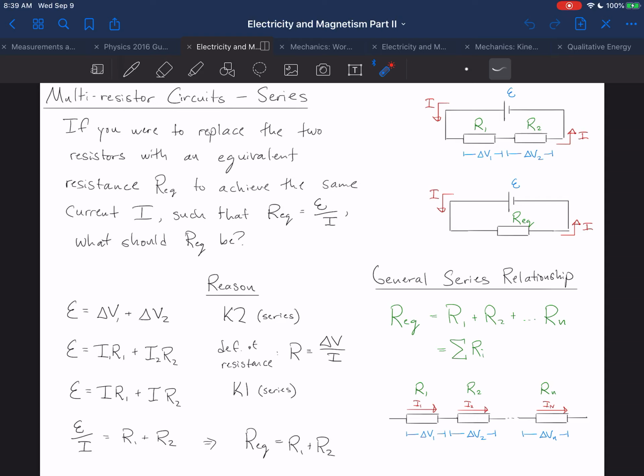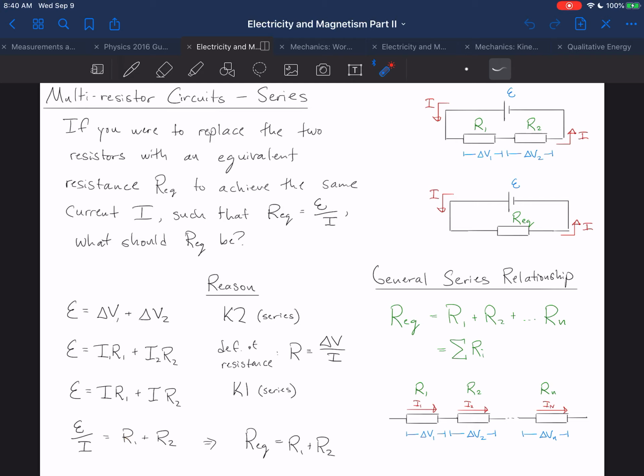And then finally, if we divide the EMF by I, we discover that EMF divided by I is equal to R1 plus R2, right? So this ratio between the applied potential difference, the EMF in this case, divided by the total current through this circuit is equal to R1 plus R2, which means that the equivalent resistance of these two things together is just equal to R1 plus R2. You just add them up.